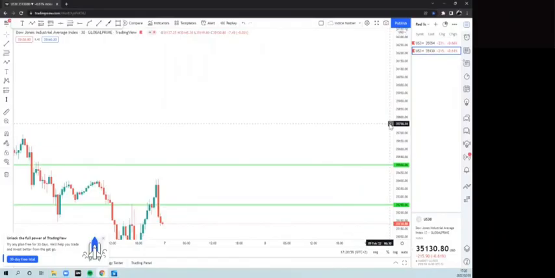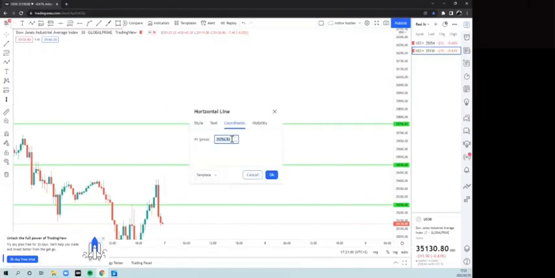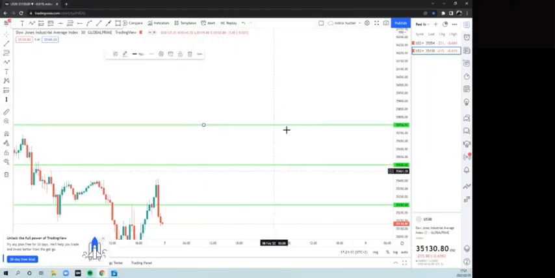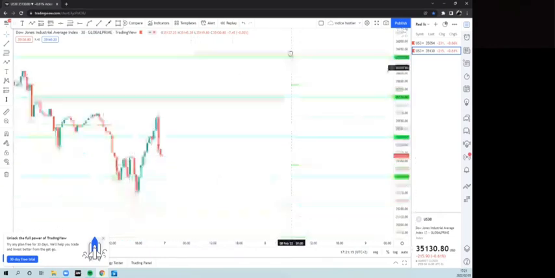I'm just showing you how we get these key level lines drawn on our chart. 750. We lock that.